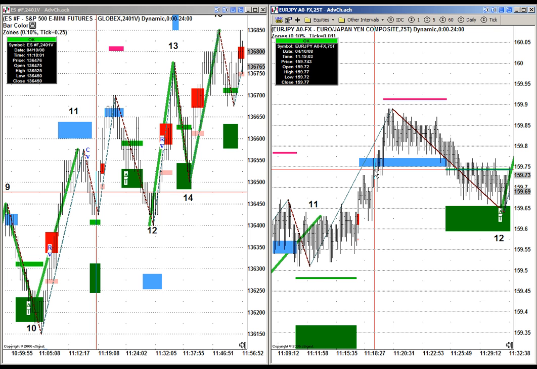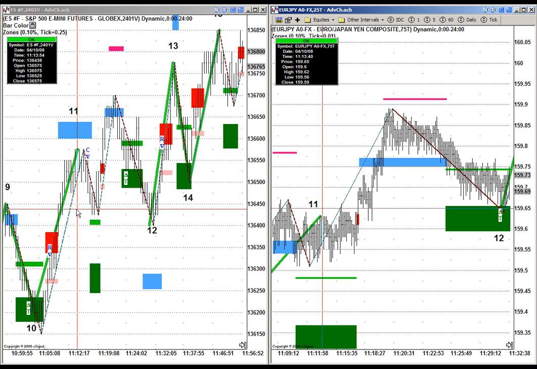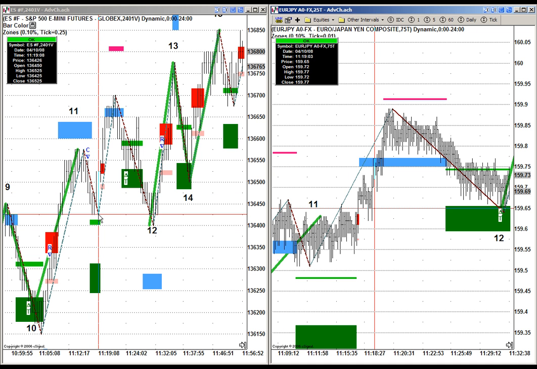What is interesting is, as you notice on this bar here, as the ES is at minor support, you'll notice the leading quality of the yen. The yen is already traded up and is now trading at trend resistance.